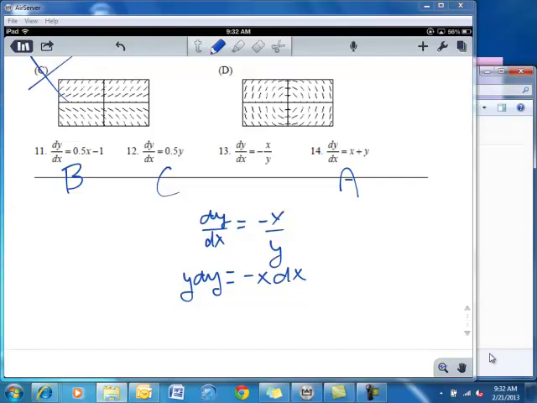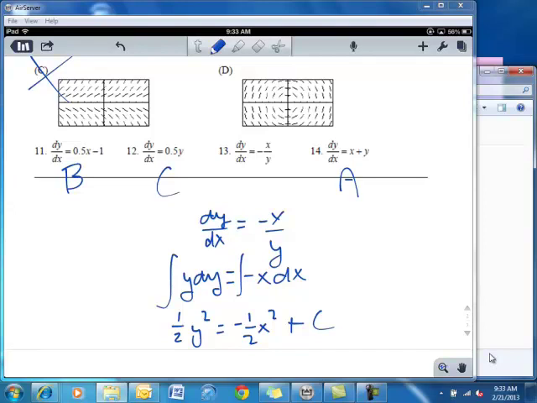Micah, were you really the only one that did that? No? Yeah. You did too? Okay, good. So if you remember, once you've separated the variables, what's the next step? We gotta get rid of those differentials. Right, integrate both sides. So we're gonna get 1/2 y squared equals -1/2 x squared plus c.